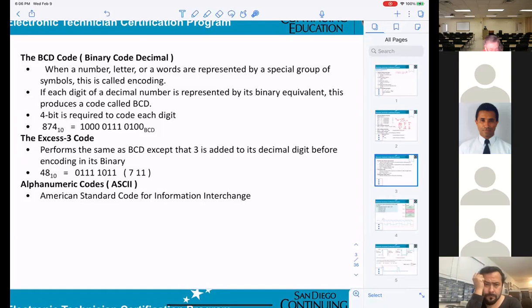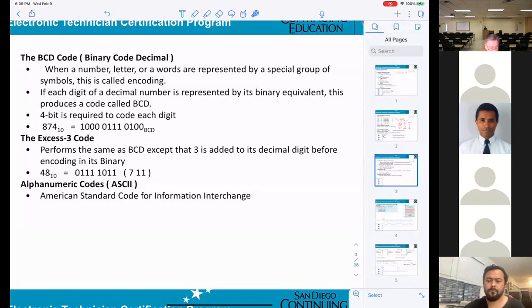They say same as BCD, except that 3 is added to each decimal digit before encoding. So 0111 means a 7. We can get another chapter detail on the XS3 code, okay?